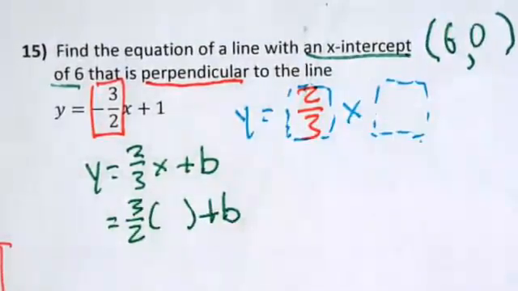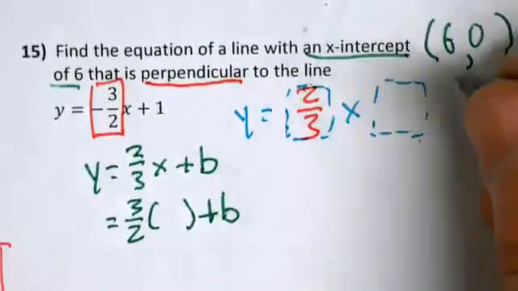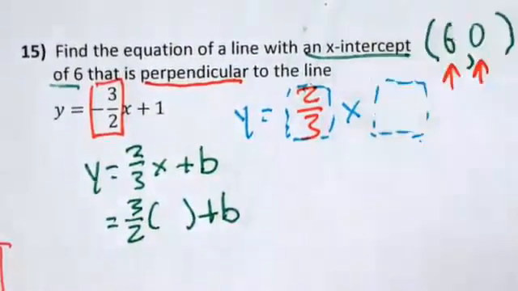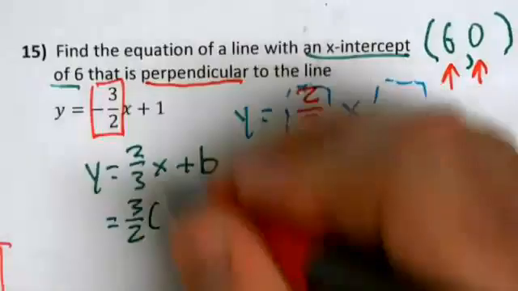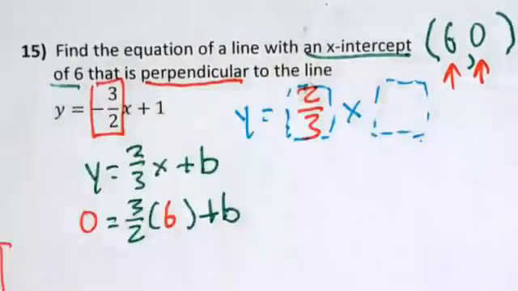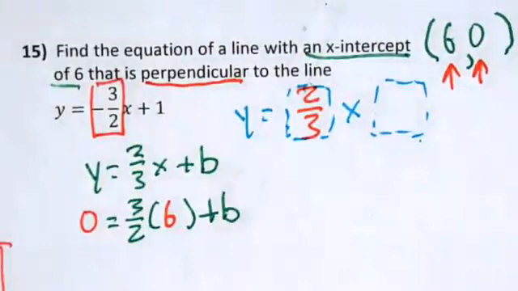What numbers am I going to substitute in for x and y? 6 and 0. We'll put 6 in place of the x and 0 in place of the y. And now we have an equation that we can solve and figure out what b is. And we'll just do one step of algebra to make that happen.